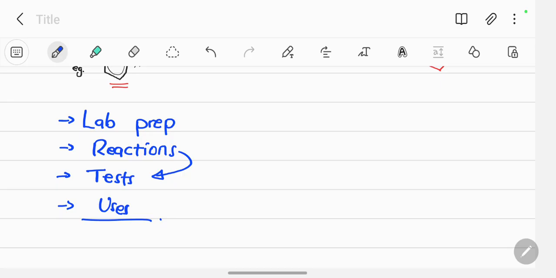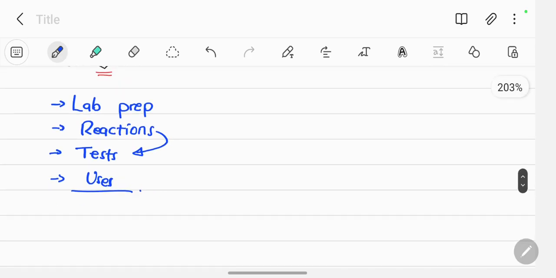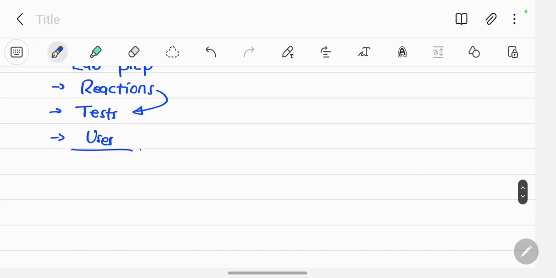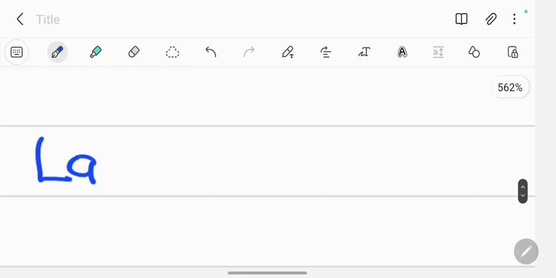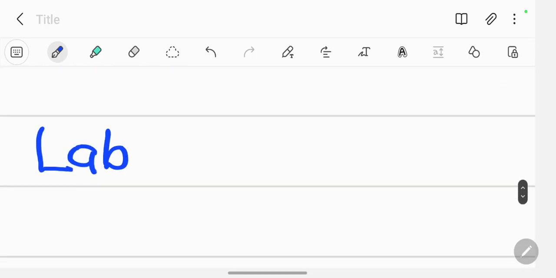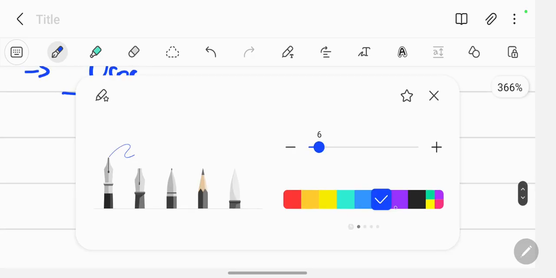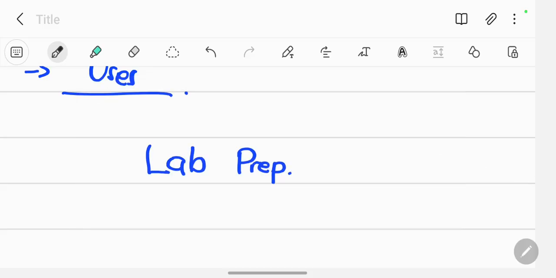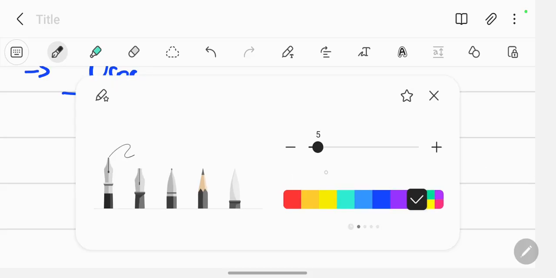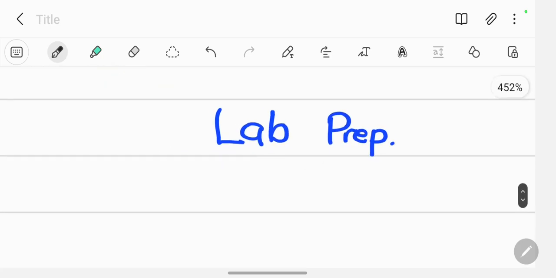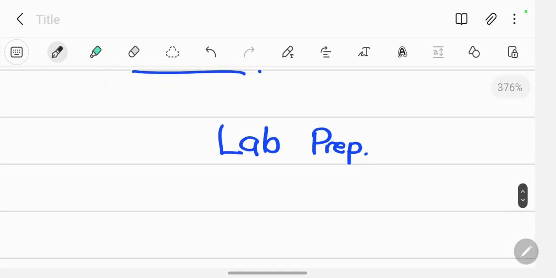So our preparations, we shall begin with the lab preparations, and in our lab preparations, the first one is going to be from alkanes.